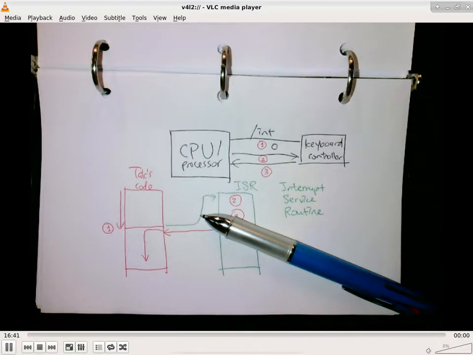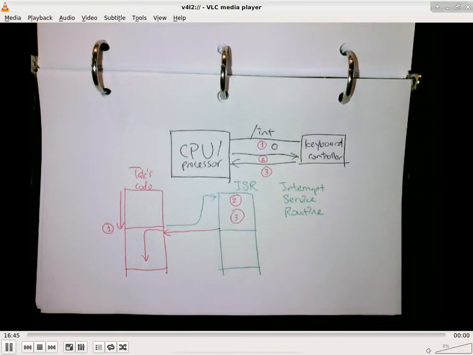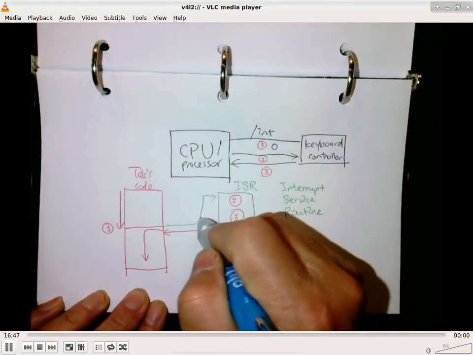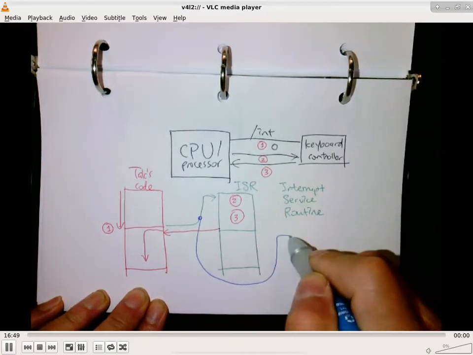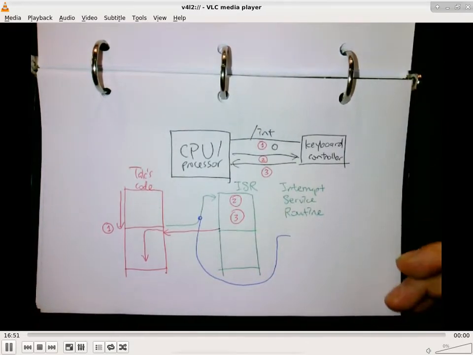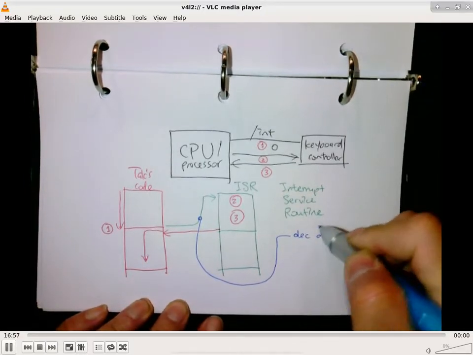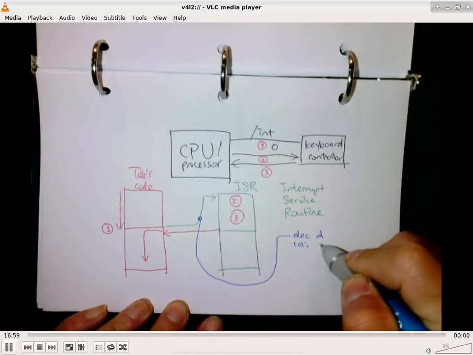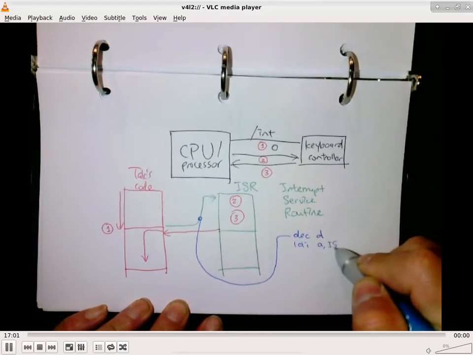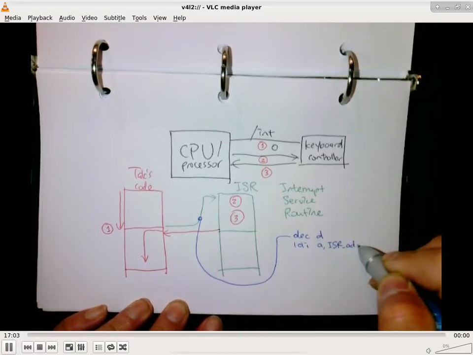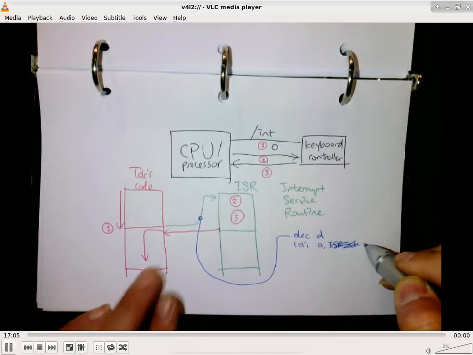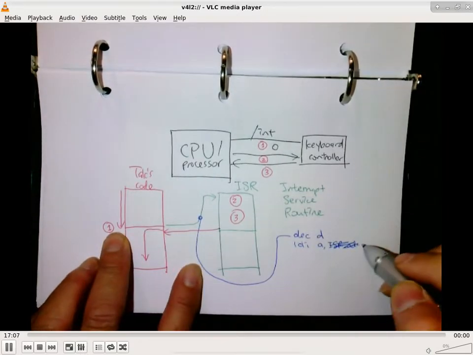What is in the process of a call? Okay, so I'm going to use blue color to document this transition here. It is implemented in hardware, not using opcodes, but it has the equivalent effect of decrementing D, LDI some register with the ISR address. Oops, I take it back, sorry. Whatever point it is interrupting.